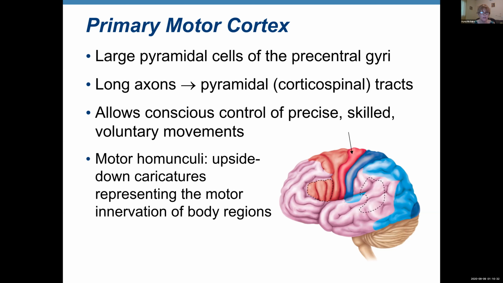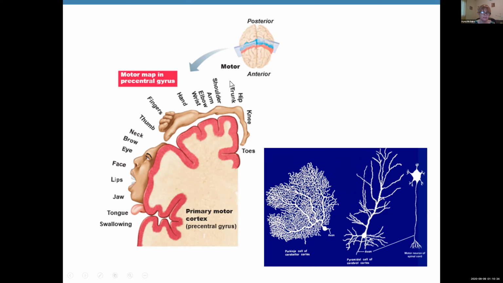body regions. So homunculus is this next picture, right? So here you can see our primary motor cortex, and every part of it is responsible for movement of a different part of your body, right? So you can see this area is responsible for toe movement, for knee movement, for finger movement, here for movement of your lips, tongue, swallowing, right?